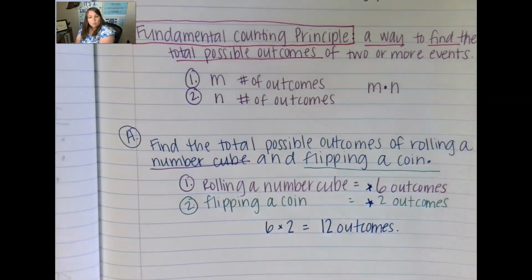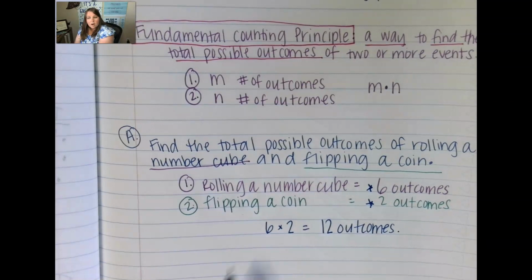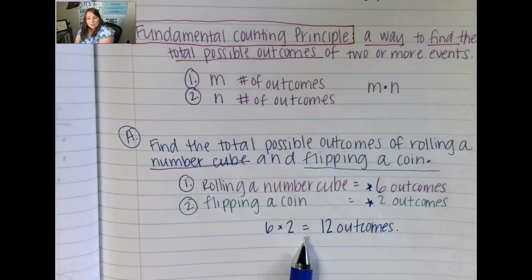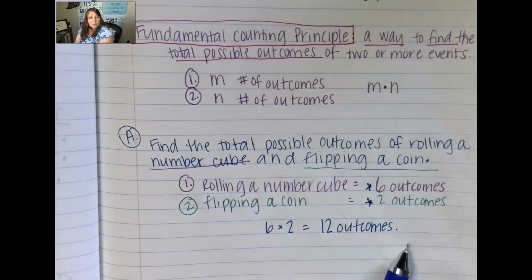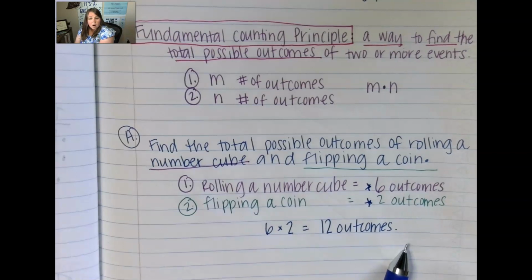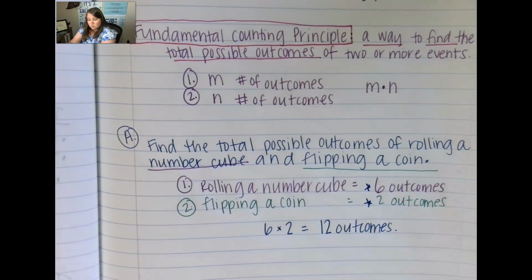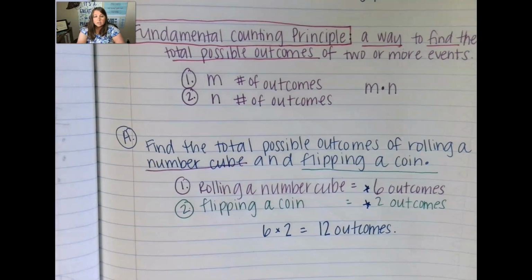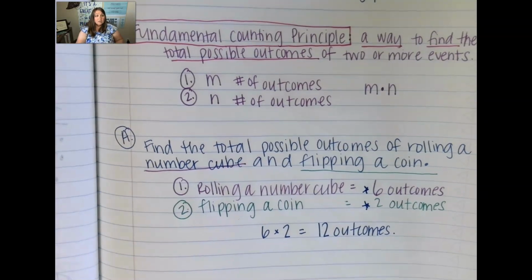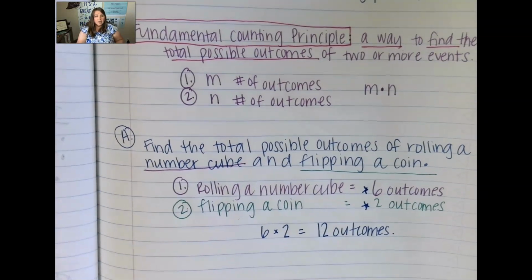So you're just multiplying the outcomes from each event and figuring out how many total outcomes there are. You don't have to make any trees, you just get to find the possible outcomes. Okay, let's do another one.